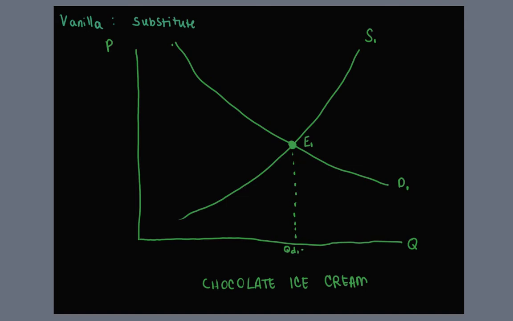Now, the demand for chocolate ice cream has decreased because people are switching over to a cheaper alternative, a cheaper substitute. So from this original equilibrium, individuals have reduced their demand.